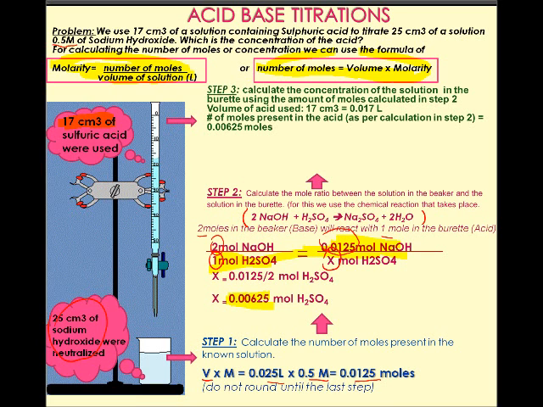Be careful, always convert the centimeters cube of the volume of sulfuric acid used to liters, and then the molarity is equal to the number of moles divided by the volume. The number of moles is the one we calculated in step 2, and the volume is going to be the liters, or the volume that we used for the sulfuric acid.